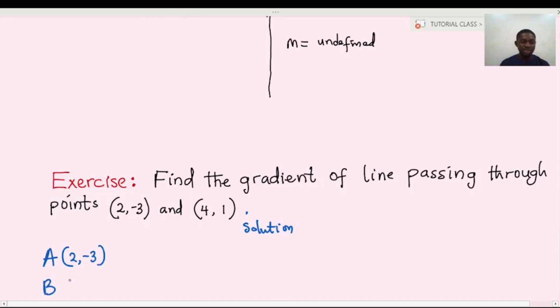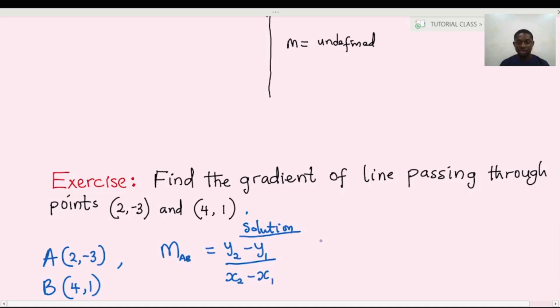And if B is also seen as 4, comma 1. So here, the gradient of the line AB, maybe I can just write it subscript. Gradient of the line AB, that's what I'm referring to here, is y2 minus y1 divided by x2 minus x1.